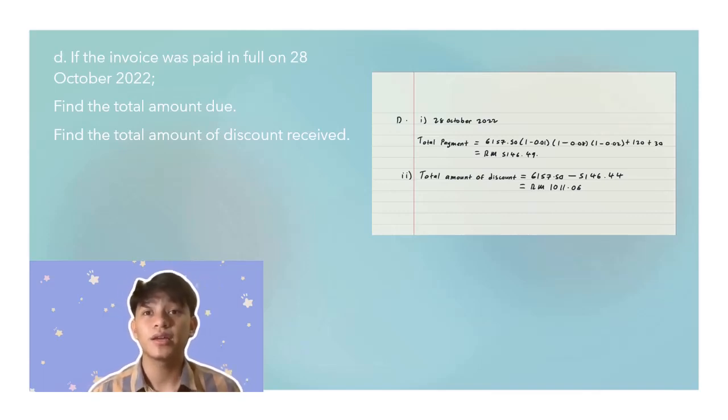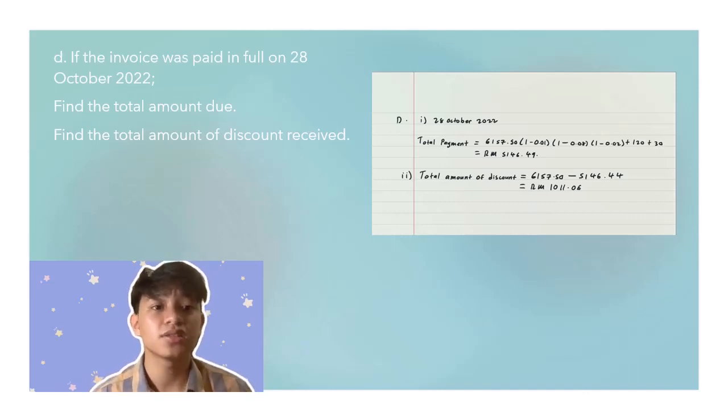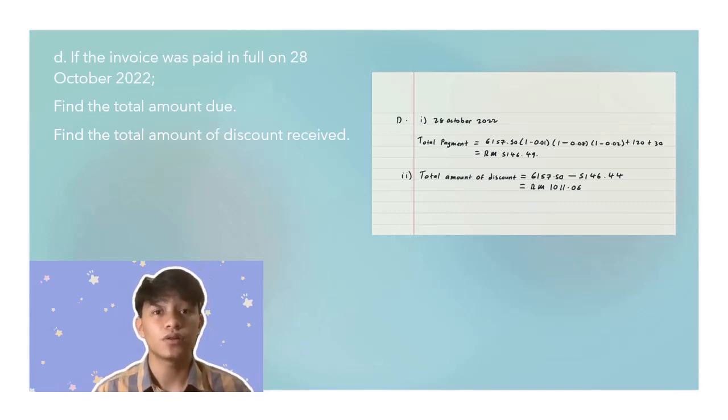Before we find the total amount, we must check how much cash discount is given. 28 October minus 12 October is 16 days, which is more than 10 days, because the 5% is for 10 days, and more than 10 days gets the 2% discount.